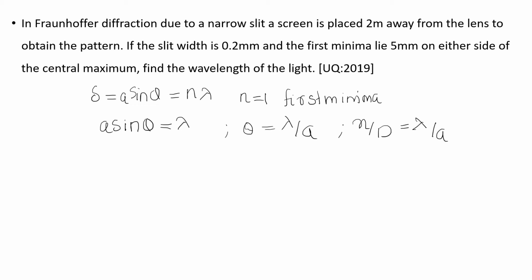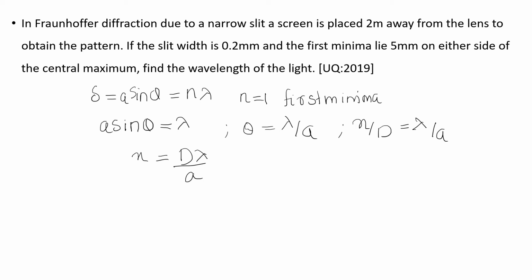Therefore x by D is equal to lambda by a, and x is the distance from the central point O. And therefore in this equation, x is equal to D lambda by a.